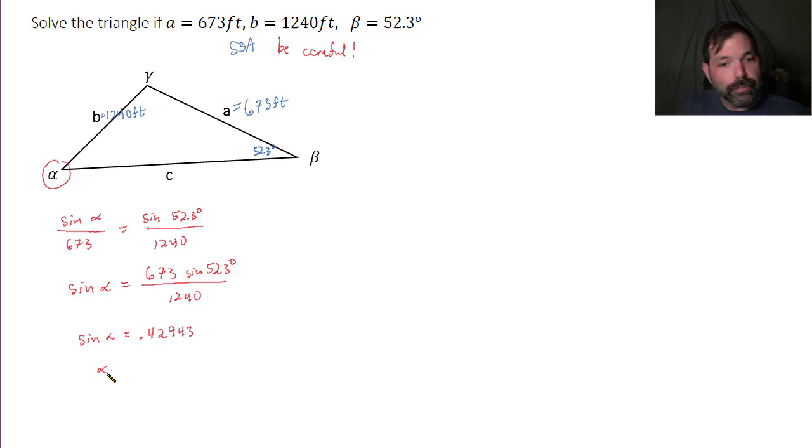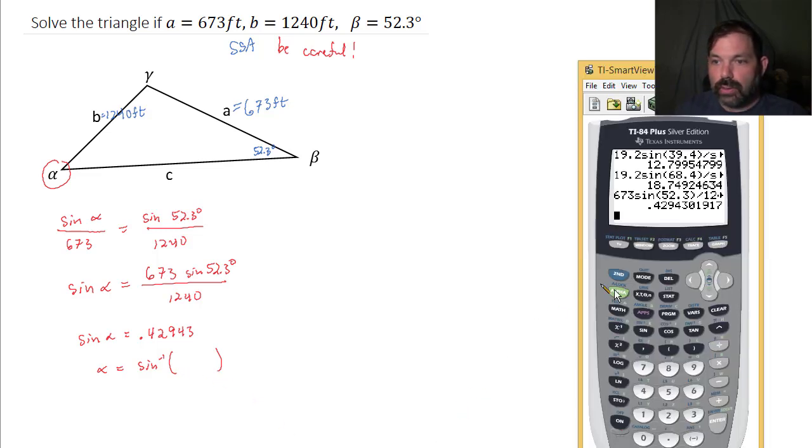So then alpha is the sine inverse of that value. So let's calculate second sine of the answer. The easy way to bring up the last answer on this calculator is you hit second and the negative button. It brings up your last answer. And I hit enter, and I get 25.4 degrees.